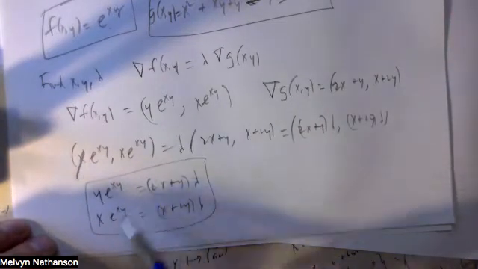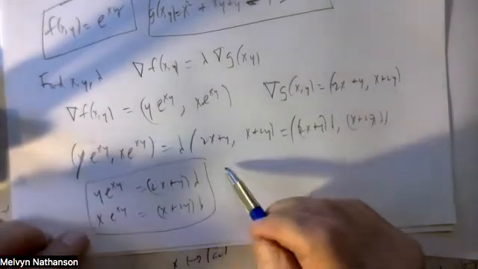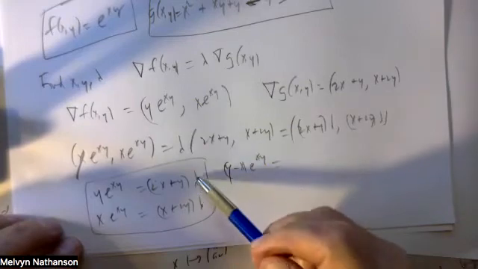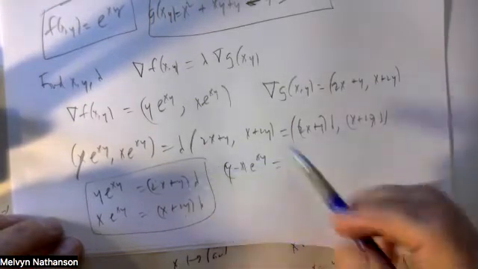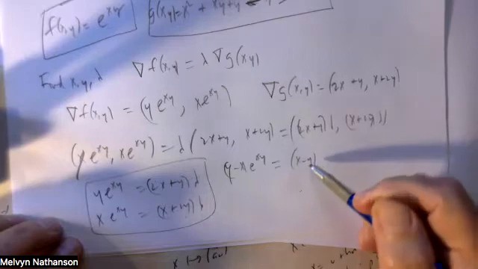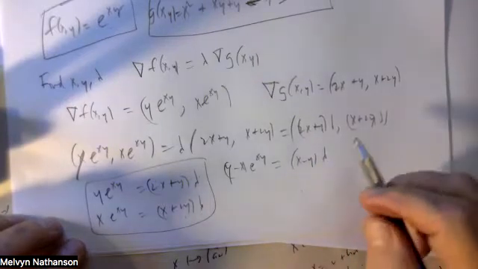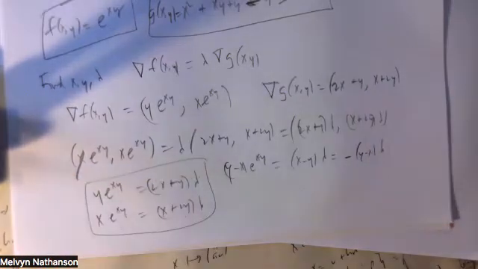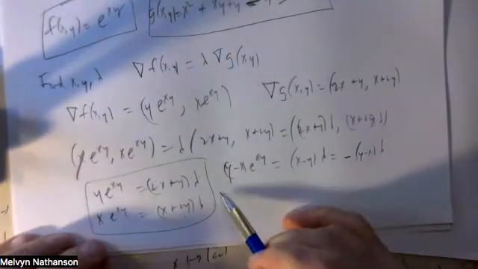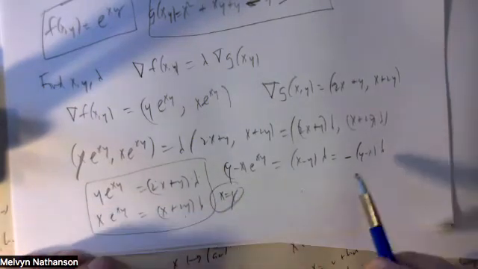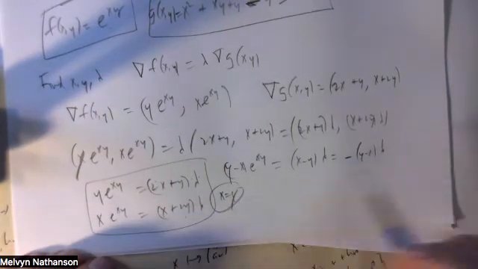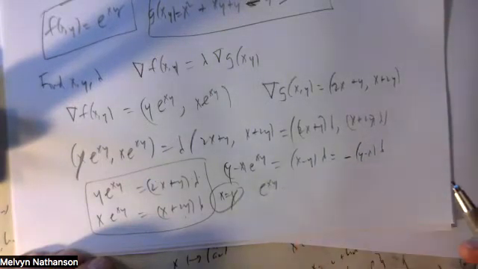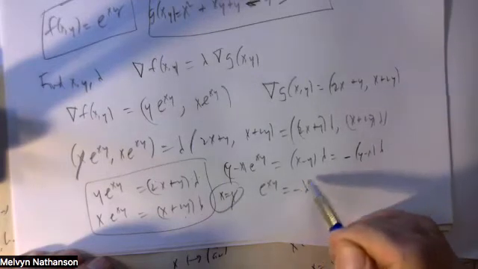If I take the first equation minus the second, I get (y minus x) times e to the xy, and on the other side I get (y minus x) times lambda. So one possibility is x equals y and any lambda. If x is different from y, you can cancel, and you get e to the xy equals minus lambda.